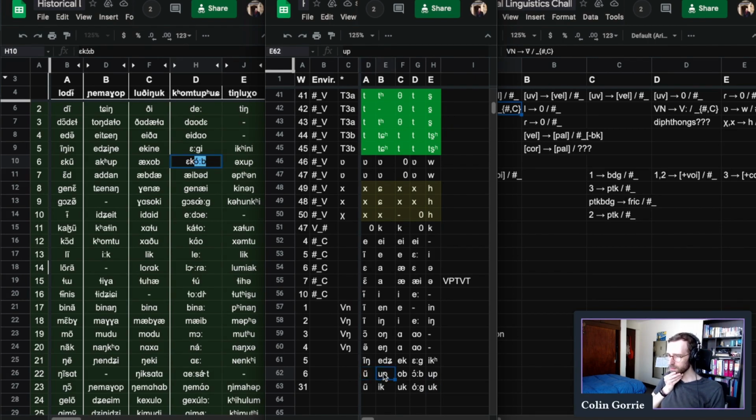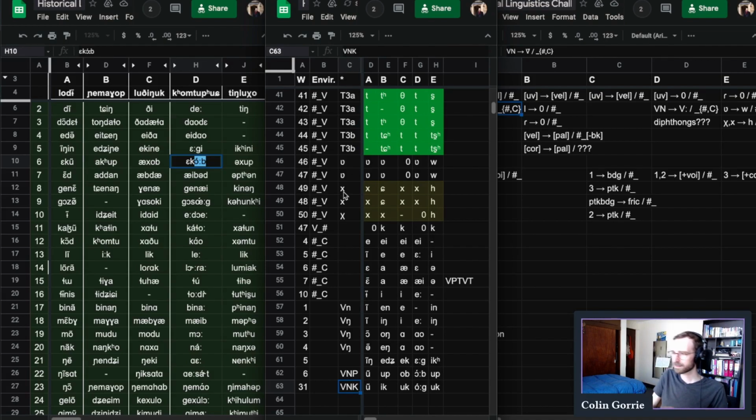So it looks like whether we have a labial, whether we have a velar, we're getting this nasal vowel in A. Maybe what we had is some sort of vowel nasal stop, something like this. Oh, let's just write VNP sequence. That could work, I think.